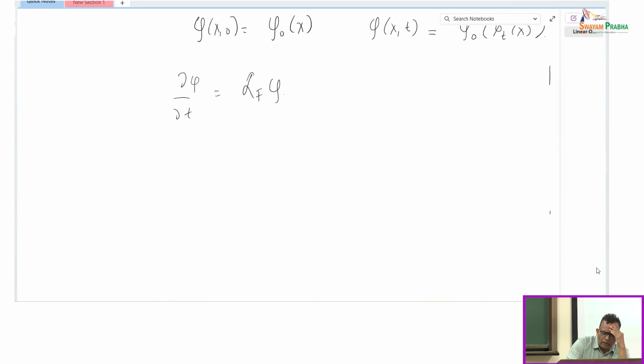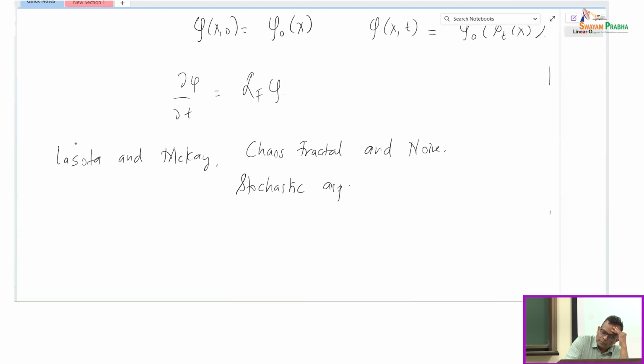Okay, so the name of the book, where you can get a more detailed introduction to many of these things which I talked about yesterday, the authors are Lasota and Mackey. The name of the book is Chaos, Fractals, and Noise: Stochastic Aspects of Dynamics.